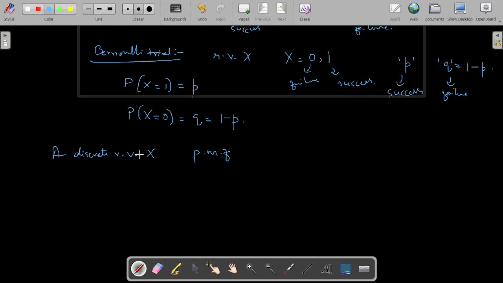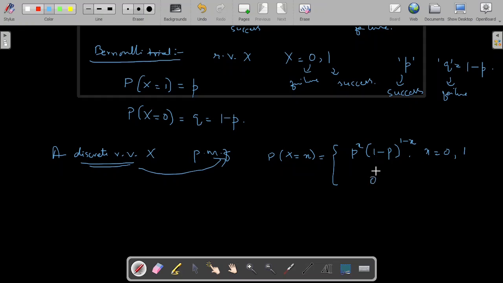You know that for a discrete random variable we have a probability mass function, and for a continuous random variable we have a probability density function. Now we are studying the probability distributions of a discrete random variable. Hence, we have this probability mass function, which is given by P of X equal to x, equal to p to the power x into 1 minus p to the power 1 minus x, when x equal to 0, 1, and 0 elsewhere.